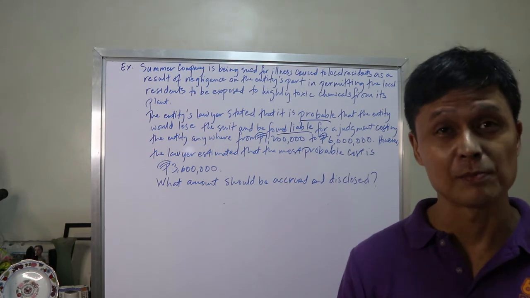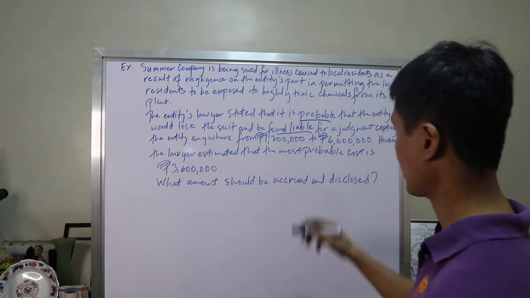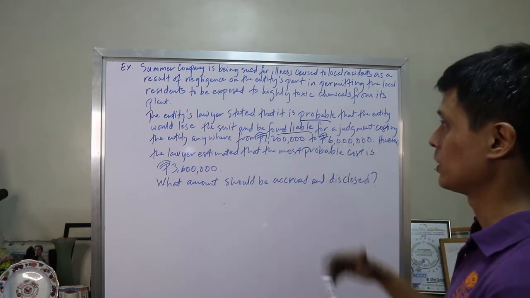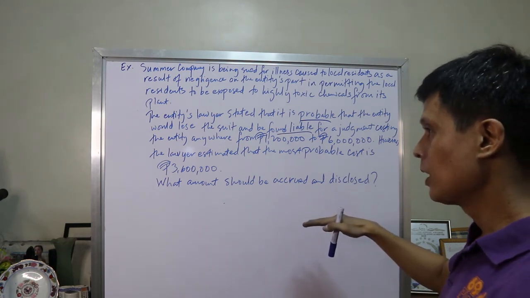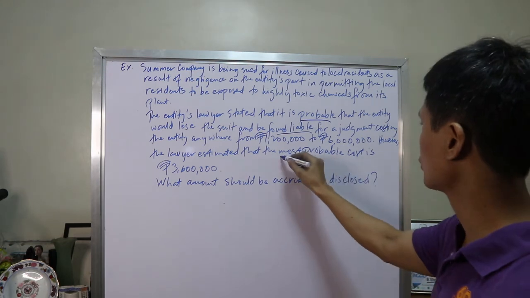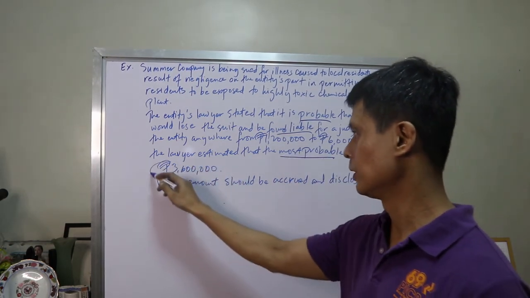So, meron ng probability. No, so this could be accrued, no? Pero magkano yung amount? Anywhere from 1 million to 6 million, no? So medyo uncertain yung amount. However, the lawyer estimated that the most probable cost is 3,600,000. Yun.